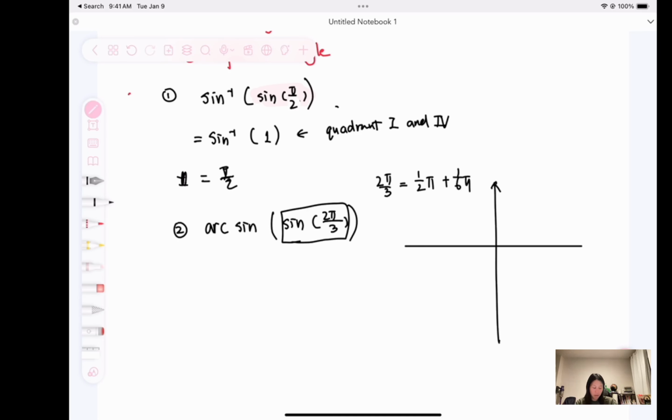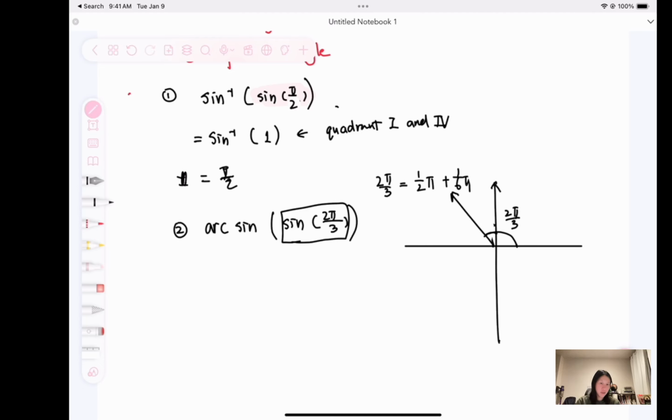So after half pi, you need to add another 1/6 pi. And in total, this is 2 pi over 3.